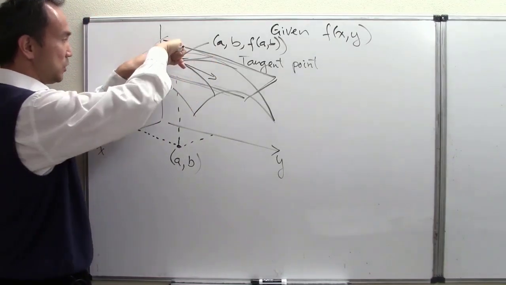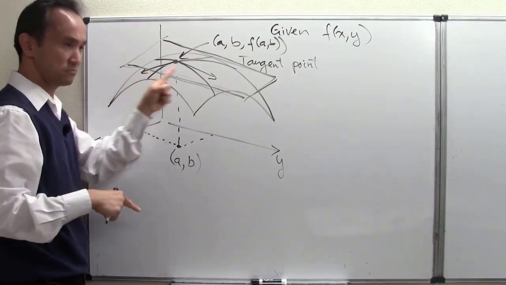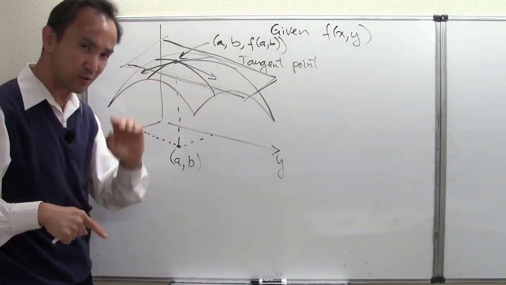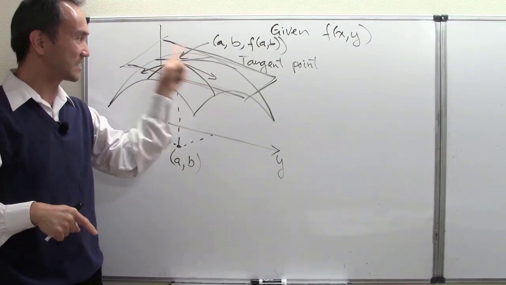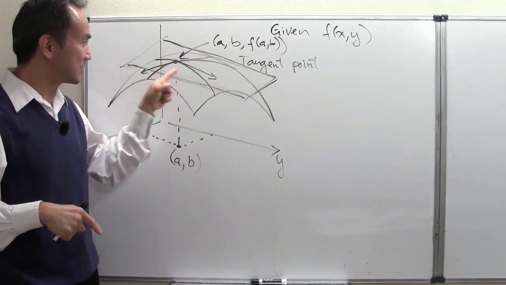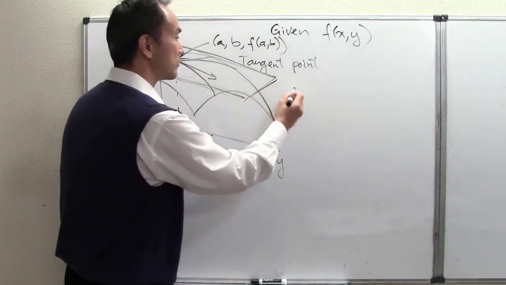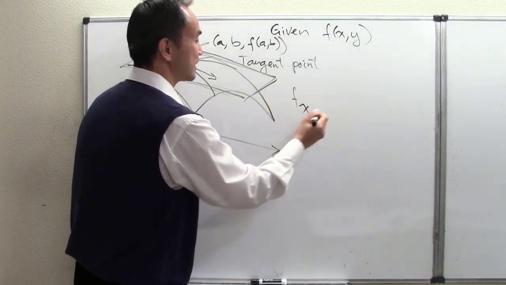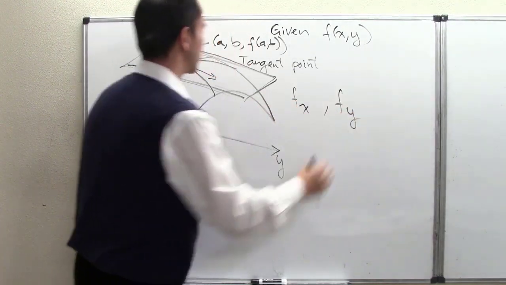Now, with the two tangent lines, think about the tools I was talking about, the tools that get us to the equation of the tangent plane. The tools are the partial derivative with respect to x and the partial derivative with respect to y.